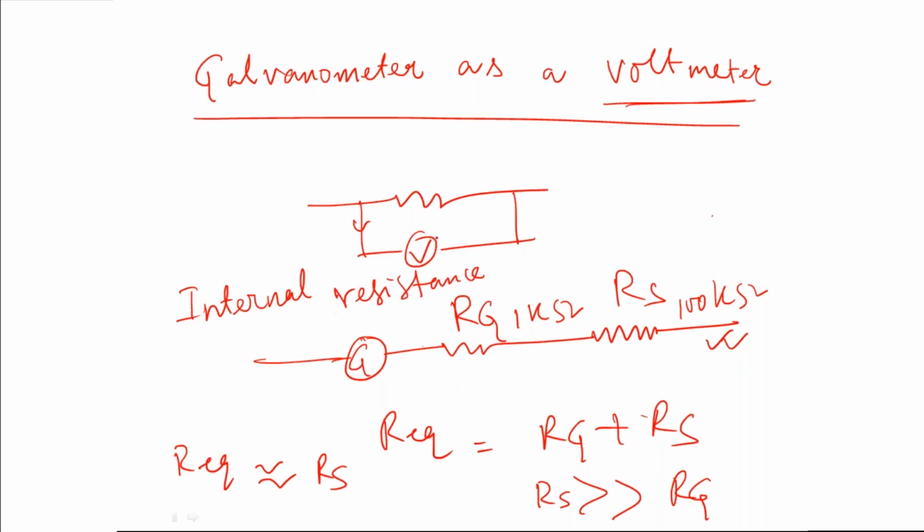All right, so we have the idea that we have to use a huge resistance in series with the galvanometer, and that can be used as a voltmeter.